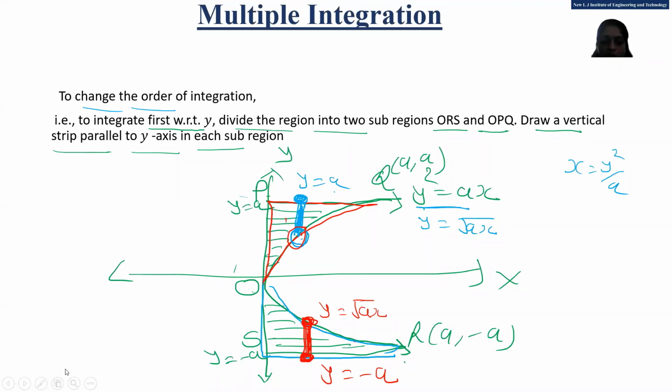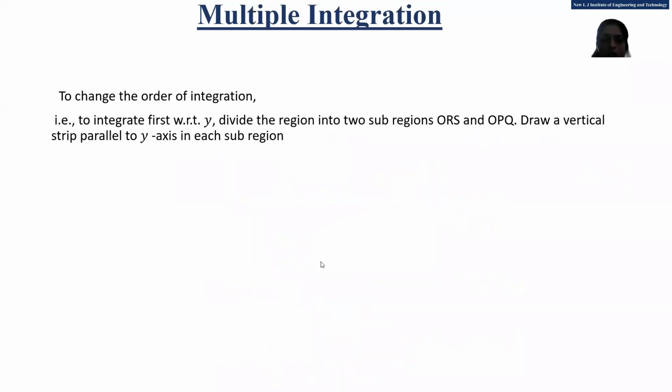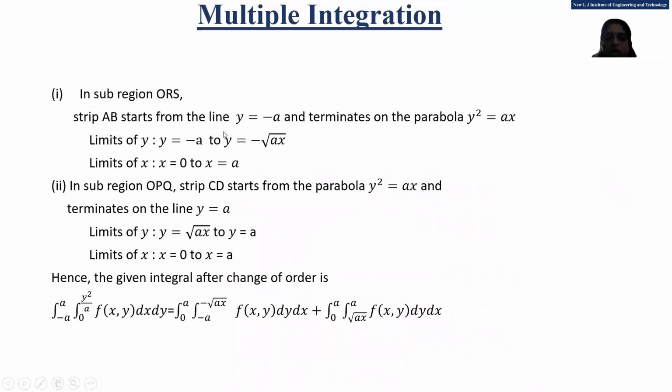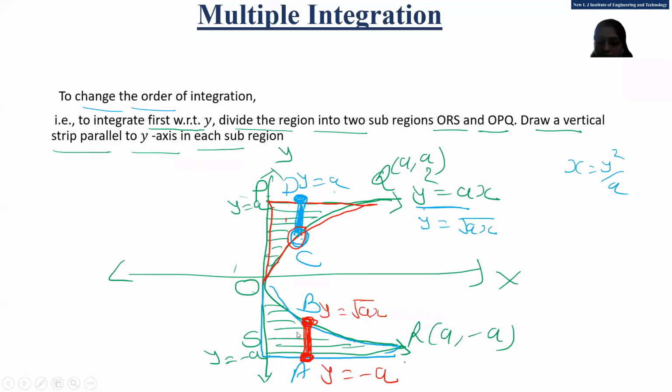This one is strip AB, and this is CD. So strip AB starts from the line y equal to minus a and terminates on the parabola y square is equal to ax. But the limit of y is what? For this region ORS, what is the limit of y?